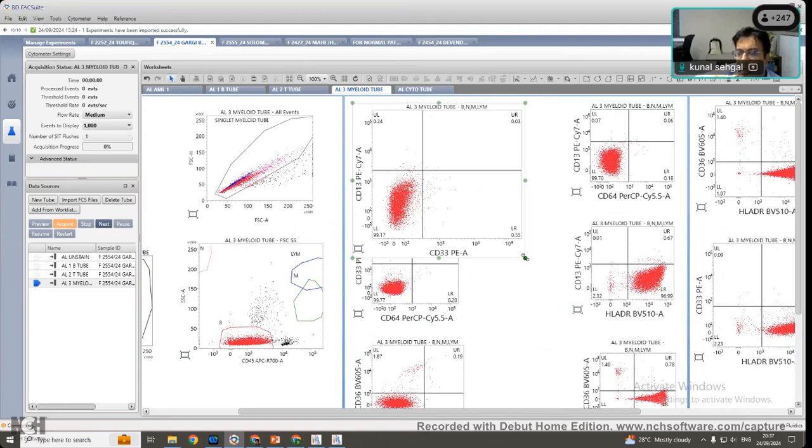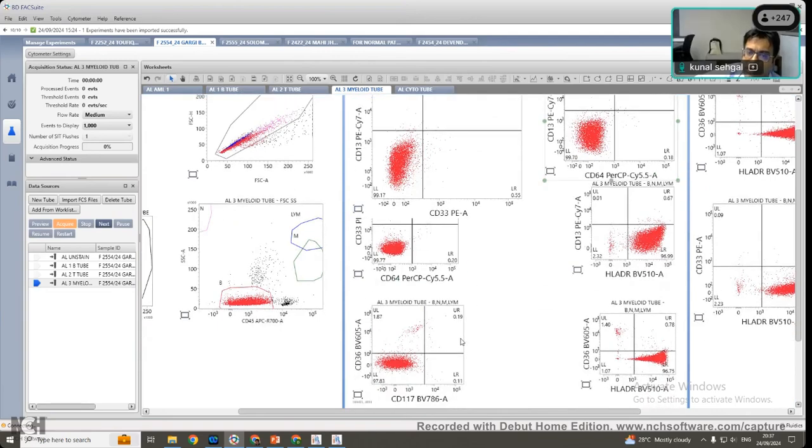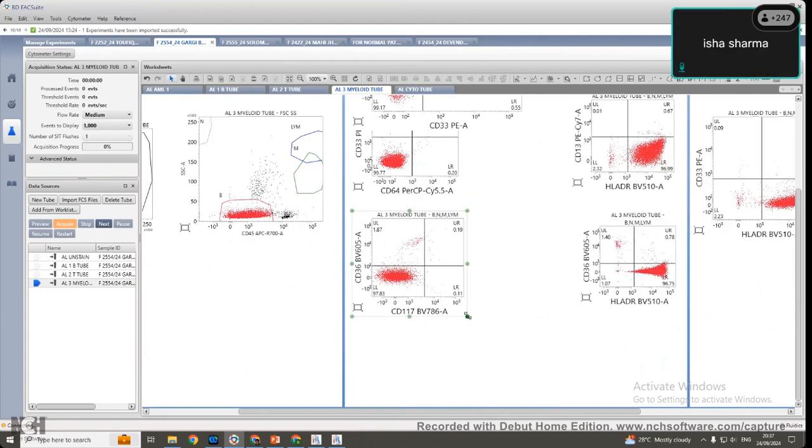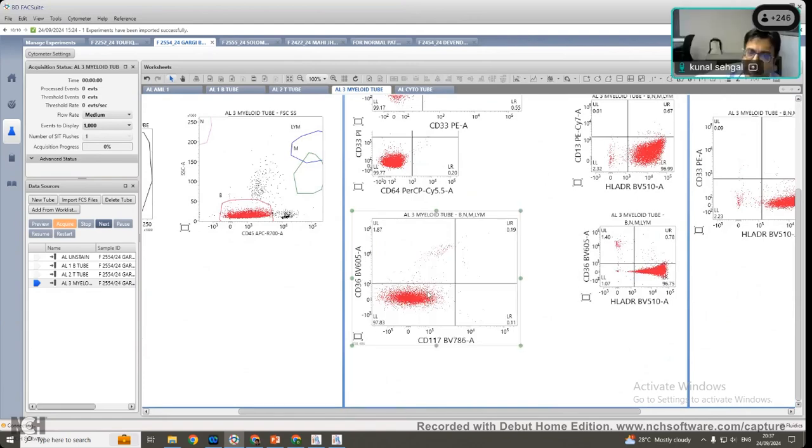What if I didn't put an antibody? Is CD13 negative or positive? Negative. CD64 negative. CD36 practically negative. CD117 negative. So everything is negative. Have you put the antibody or not?